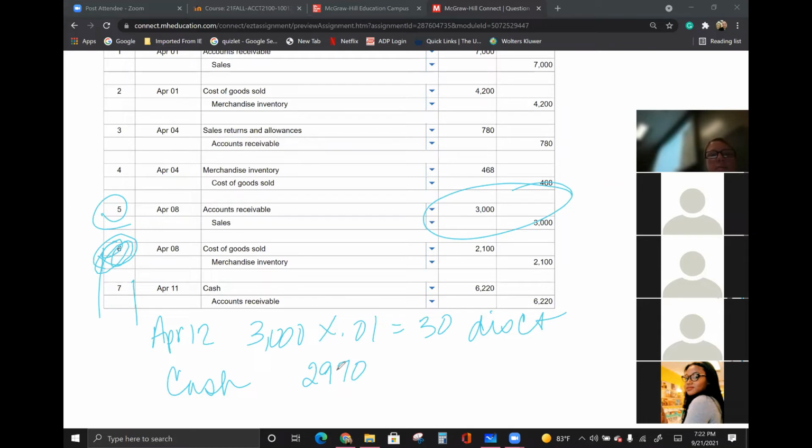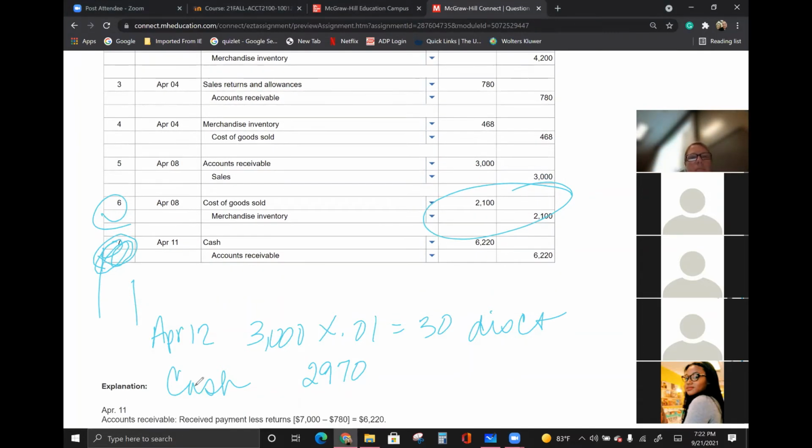I know that I need to remove my accounts receivable for the whole thing, which is $3,000. If I just had cash of $2,970 and accounts receivable as a credit for $3,000, they're not in balance, right?